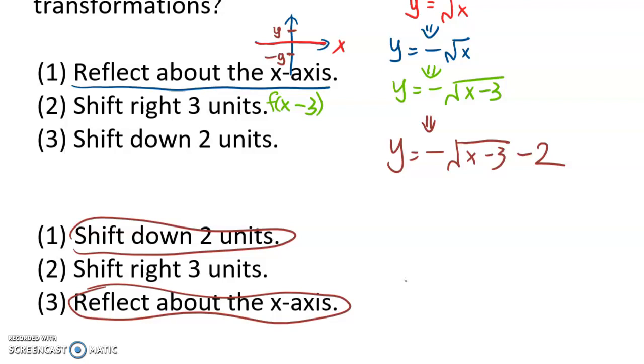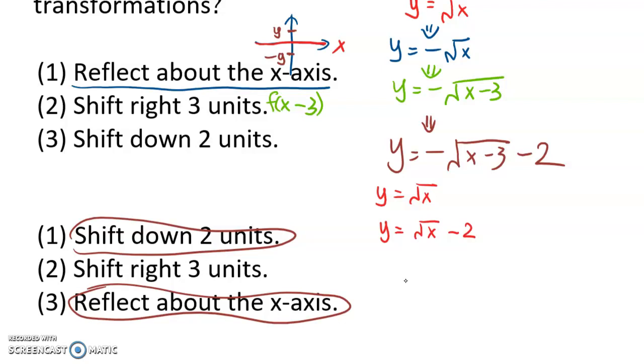Okay, so again, we will start with the function y equals square root of x. Now the first transformation is to shift the whole graph down by 2 units. That means I will subtract the whole function by 2. So I have y equals square root of x minus 2.